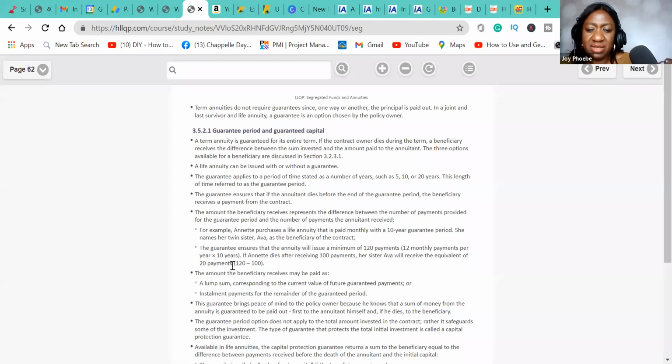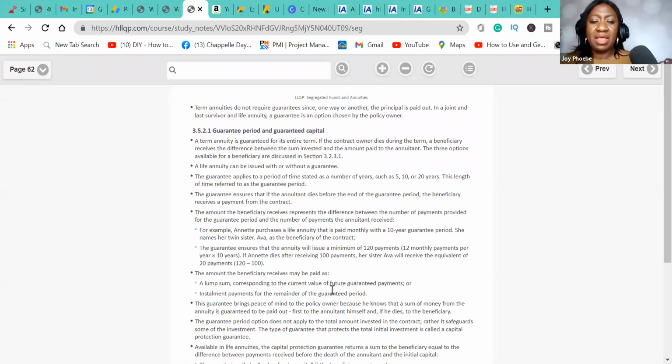If Annette dies after receiving 100 payments, her sister Ava will receive the equivalent of 20 payments, which is 120 minus 100. Pretty much straightforward. So with annuities with guarantee, the beneficiary receives the difference.